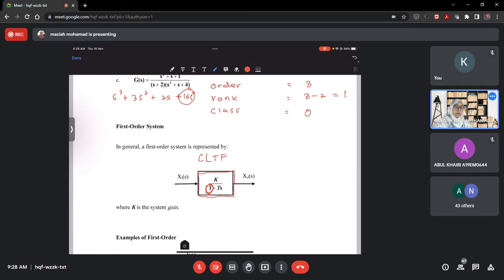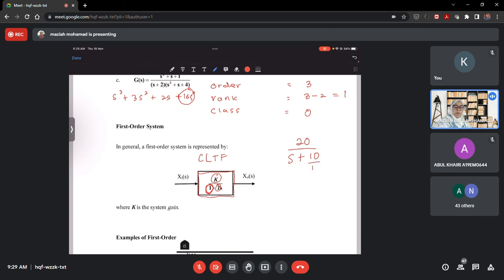Because, for example, you have 20 over s plus 10. Okay, this is a first order system. But in order to determine the value of K and T, we need to rewrite the transfer function to be similar to the general transfer function. Meaning we need to make sure that 1 is visible there.